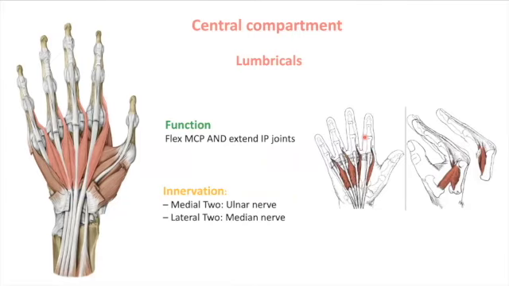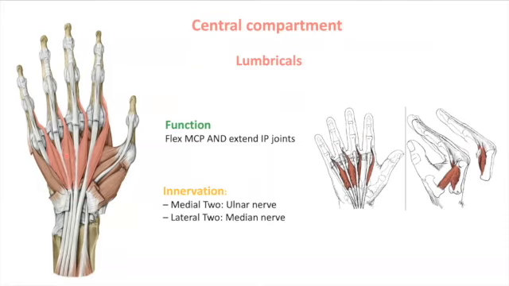The other compartment is the central compartment. This compartment also contains a single muscle, which is the lumbricals. So lumbricals, as you see here, are unique in that they originate from the tendon of flexor digitorum profundus muscle. As you know, flexor digitorum profundus is one of the deep muscles in the anterior compartment of the forearm.